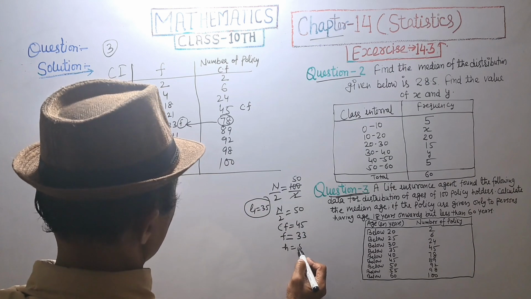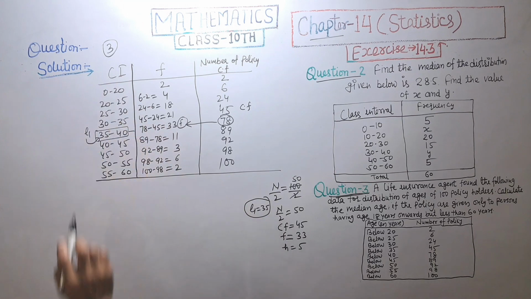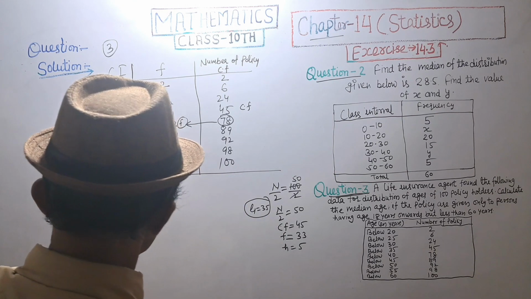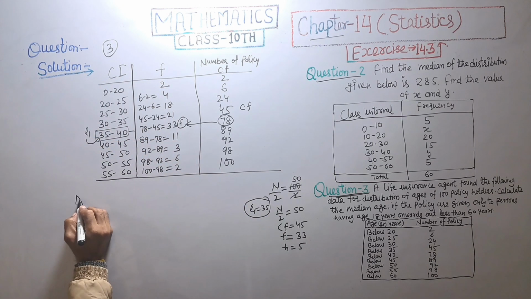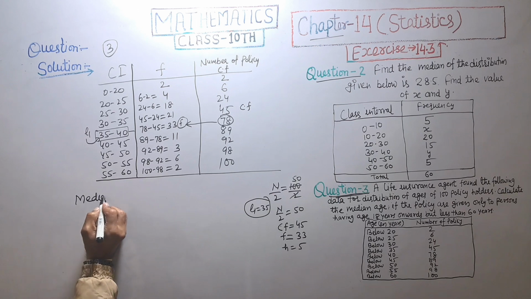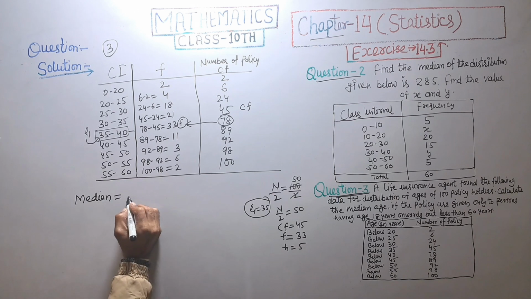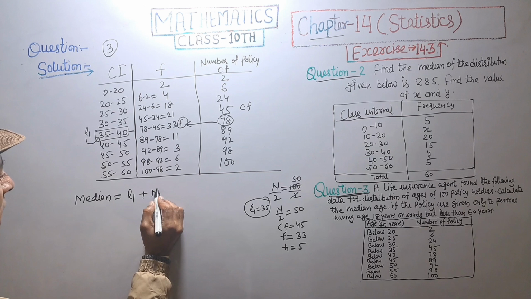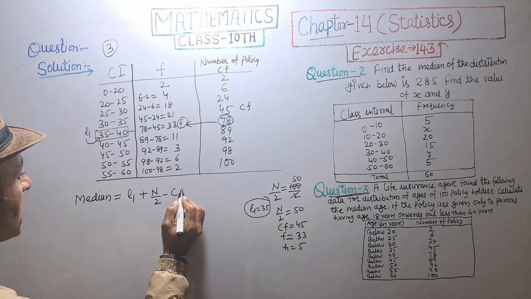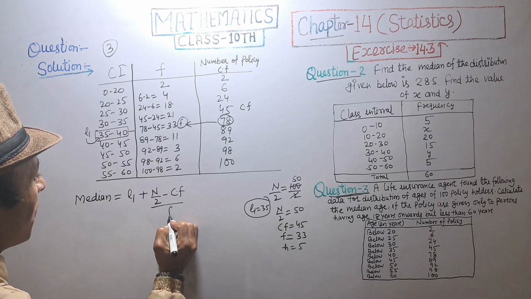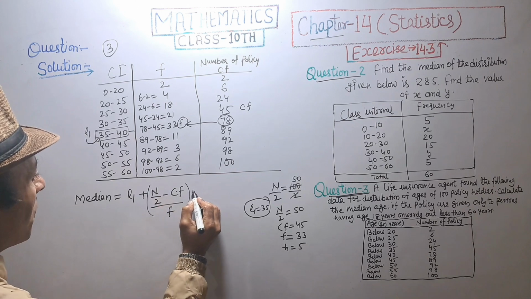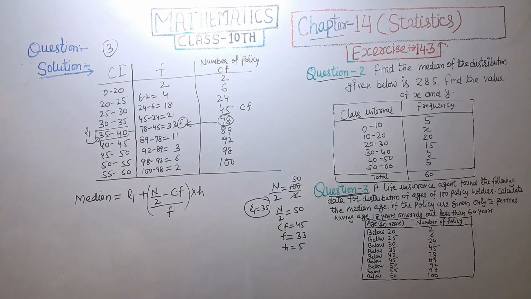H is equal to 5, the difference is 5. Median is equal to L1 plus (N upon 2 minus CF) upon F into H.